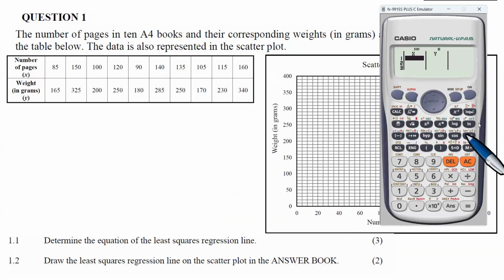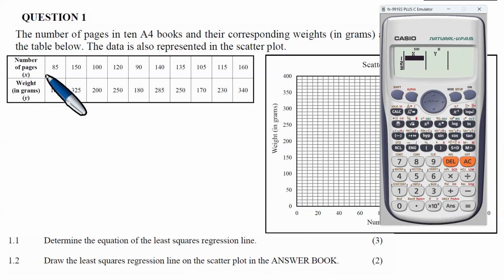Let's just practice. Here's my calculator. With this calculator, we start with mode. Most of you have the Casio. So you start with mode, then you do 3 for stats. Then you need the linear equation, which is the least squares regression line. It's a line, so it's A plus BX, so you do 2.